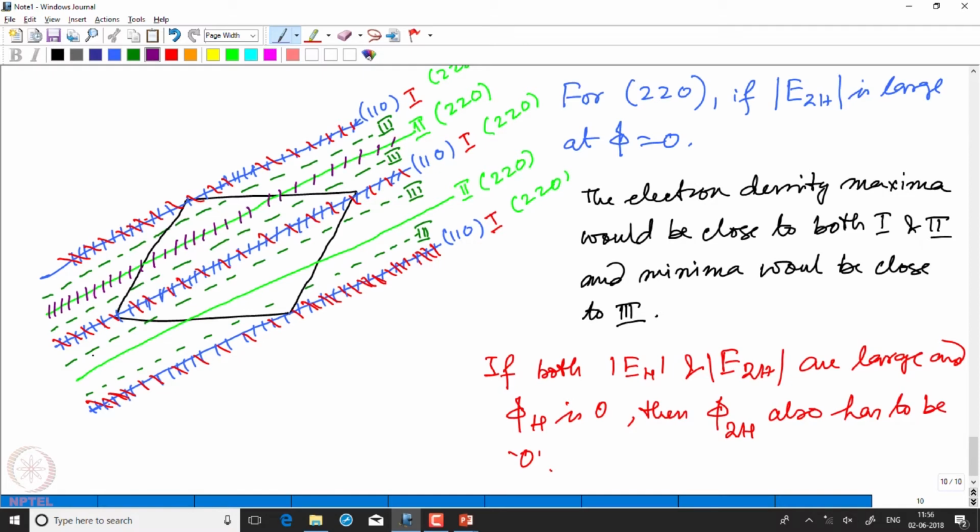So these lines will have intermediate density, and the lines 3 will have 0 intensity, because line 3 is minima for 220 and 0 for 110, that is, it is 0 for the 110 set of reflections and it is a minima for the 220 set of reflections. So there won't be any density close to that.